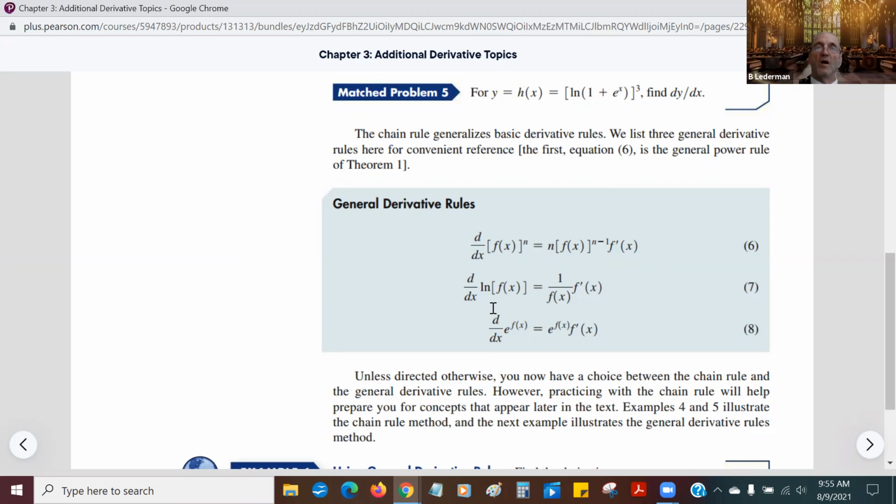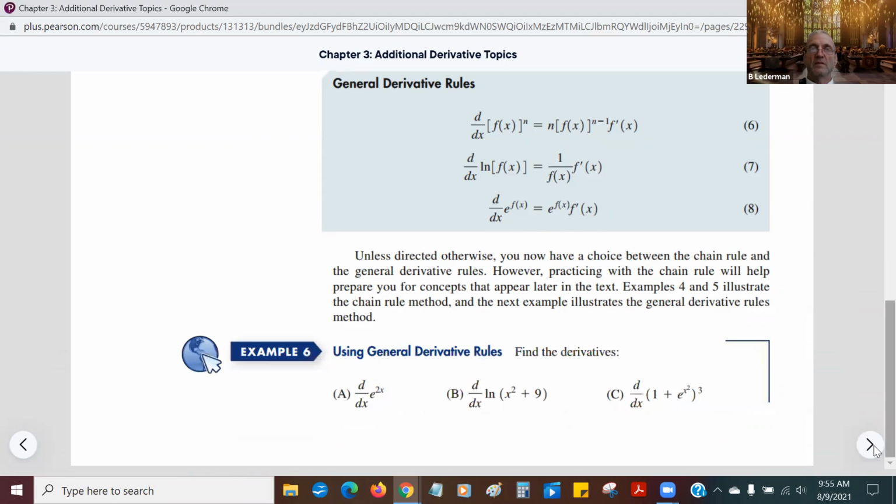The derivative of ln of some function is going to be 1 over the function times the derivative of that particular function. And the derivative of e to the f of x is going to be e to the f of x times the derivative of f of x. So f prime of x is the derivative of the inner function, and e to the f of x is the outer function. And that's good.